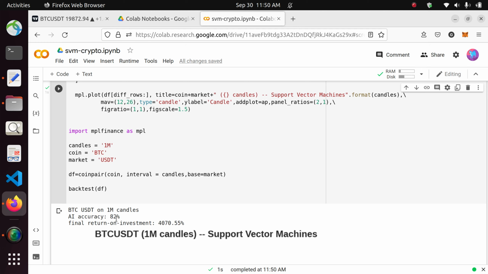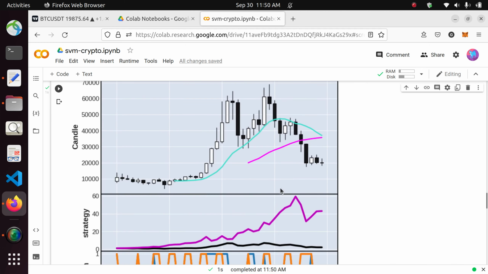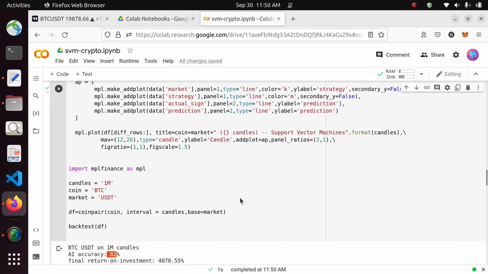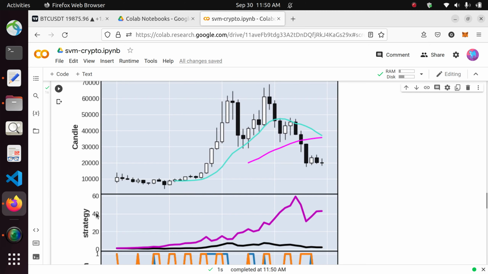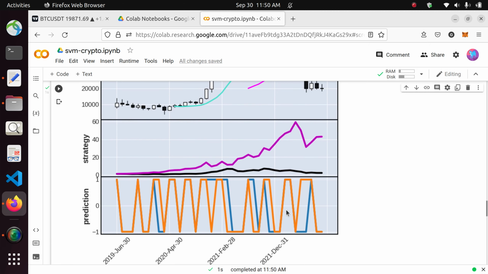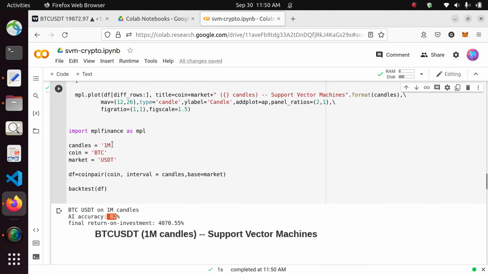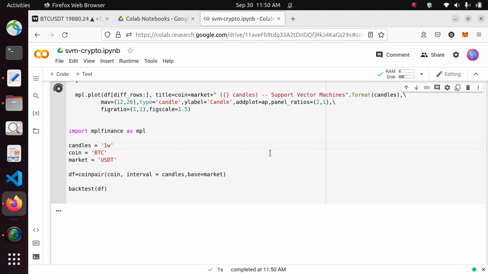Theoretical ROI. Accuracy increased, however. That's maybe because now we are dealing with less data points. And you can see how that changed, right? Again, 1 month period time frames. And so that may be a good explanation perhaps for it.